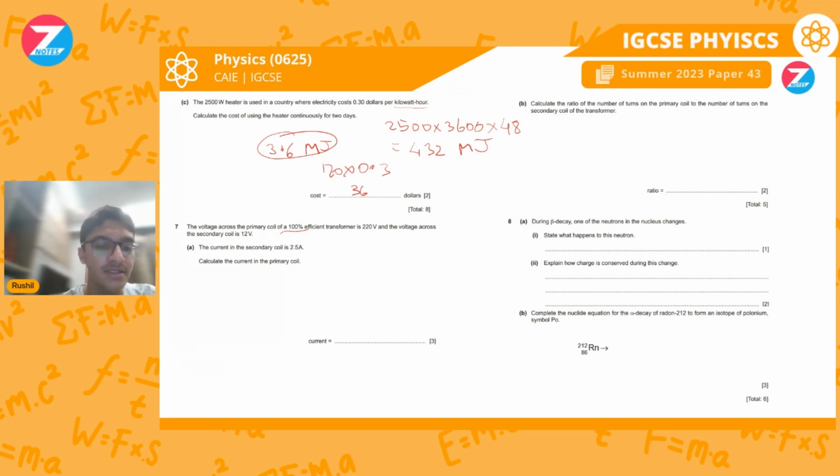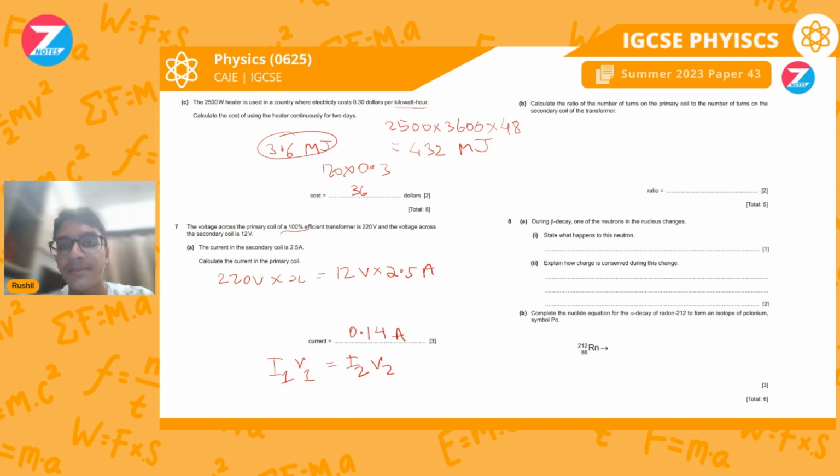That means in any transformer question, I1V1 is equal to I2V2. So here, 220 volts × X, let's take X as the current in the primary coil, is equal to 12 volts × 2.5 ampere. Hence, by basic algebra, X is equal to 0.14 ampere.